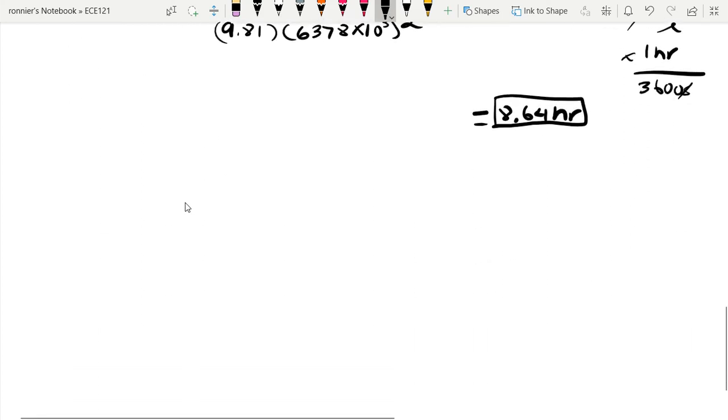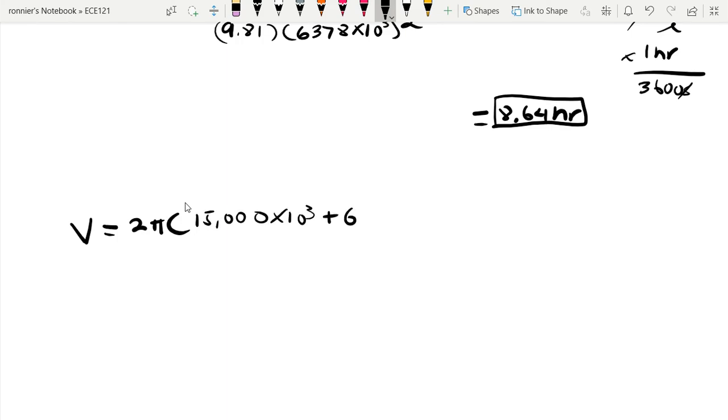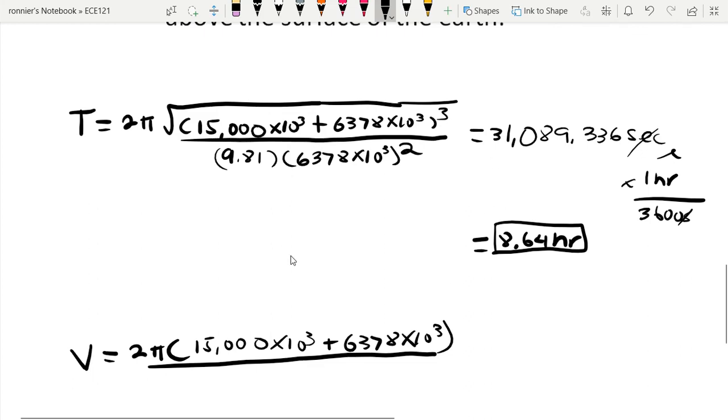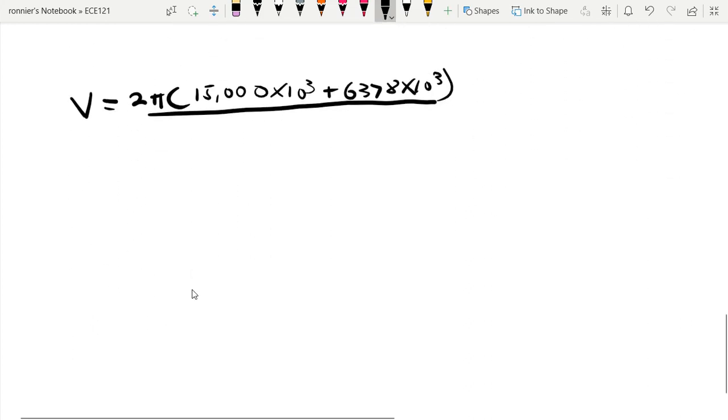Next, the velocity. V equals 2 pi times h plus r, so 15,000 times 10 to the positive 3 plus radius 6378 times 10 to the positive 3 divided by the orbital period in seconds. So, dapat naka-seconds. So, kunin natin itong 31,089.